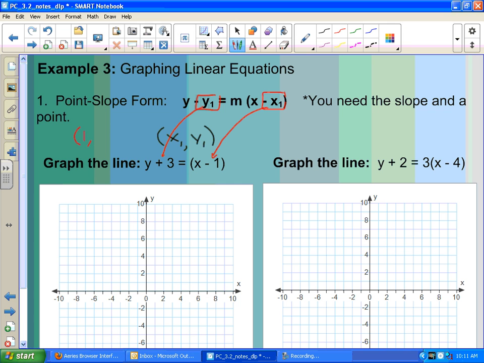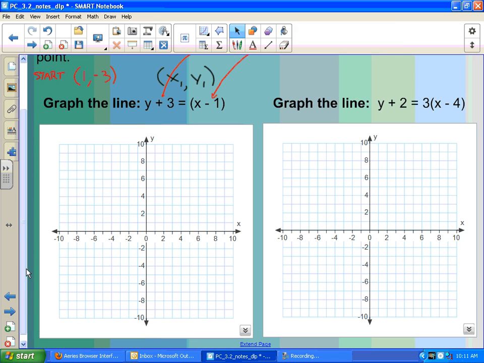What is my y? Negative 3. The opposites. So if you have an equation, take the opposite x and y values, there are your points that you start with. This is where I begin. So I'm going to start at 1, negative 3. There I go.